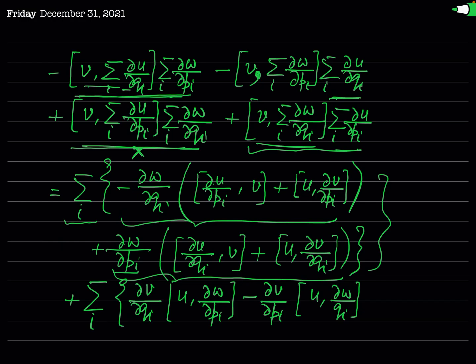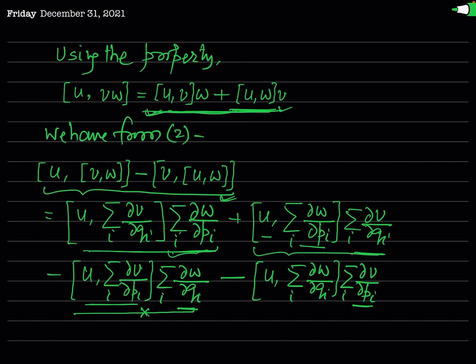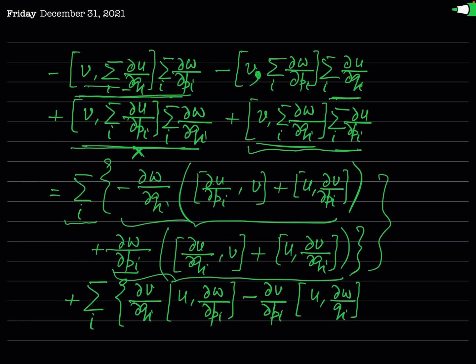Now see these terms. In fact, when you will simplify these terms from the property which you have written here, then you will find that all these terms when added will vanish. I am not doing that much algebra, but I have left it for your homework.